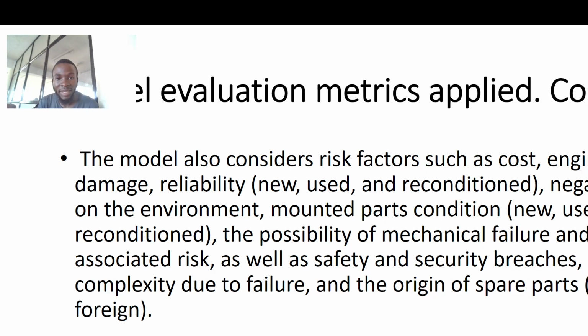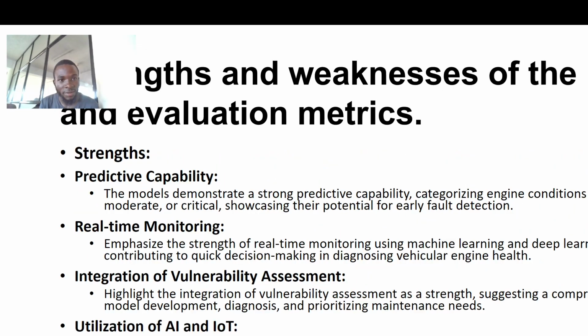Those are the parts that are mounted onto these engines, which can be new, used or old, and other characteristics or features of this engine. So all that stuff, that's what the decision model is supposed to depend on in order to give a conclusion of the health of the engine.